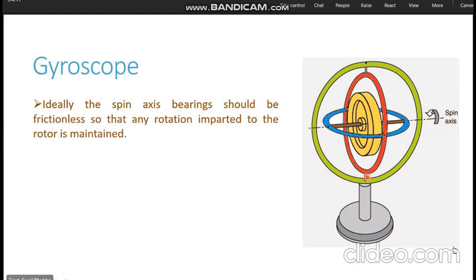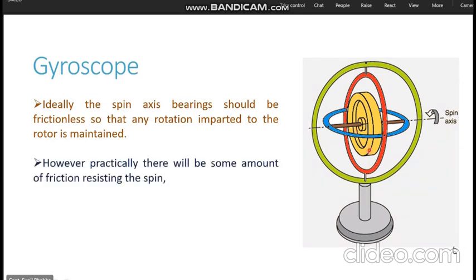All these ball bearings should be ideally frictionless so that any rotation which is imparted to the rotor is maintained without any loss. However, practically, whenever you impart any motion to the rotor, there will be some amount of friction. Doesn't matter how well lubricated these ball bearings are, there is going to be a small amount of friction.